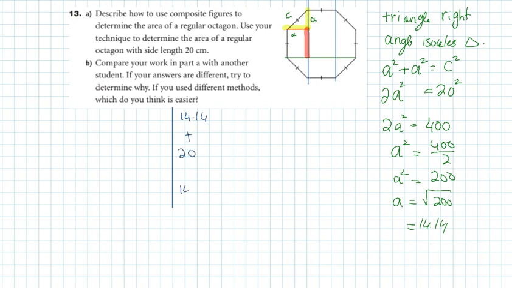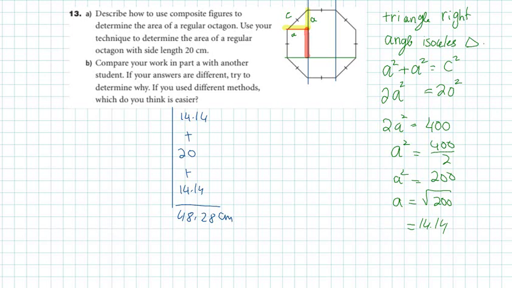So this line right here is going to be 14.14, 20, and then 14.14. Are we all okay with that? So that's going to equal 48.28.